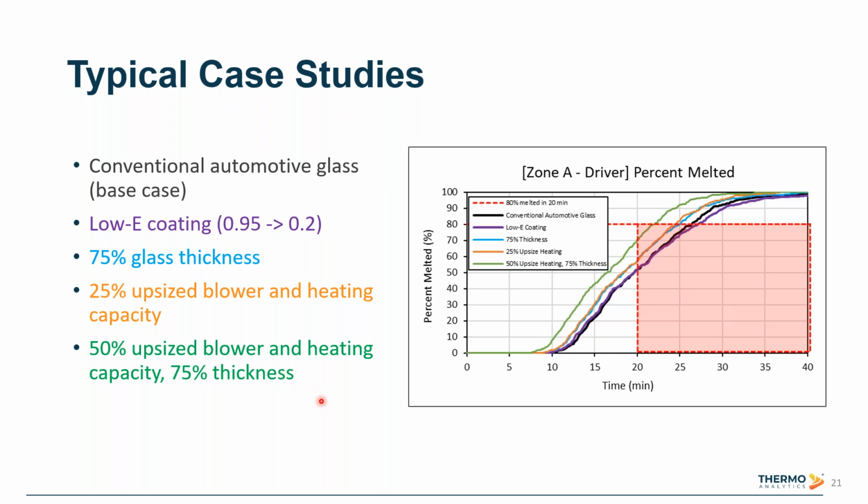I'm comparing the conventional automotive glass, which is the black line here, to a few different modifications. In purple, that's a low emissivity coating applied to the interior surface. So in theory, we're reducing the energy lost from the glass to the cabin by decreasing the emissivity, decreasing the radiation losses.